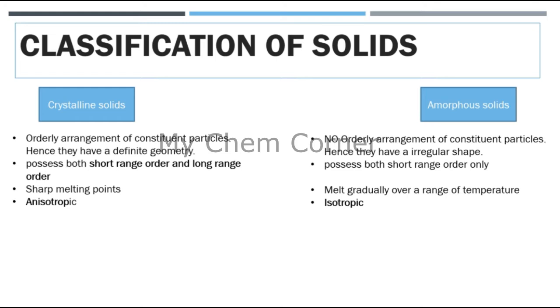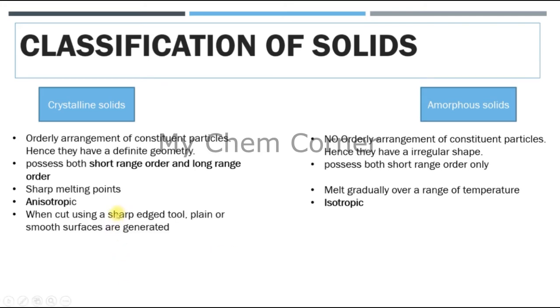Amorphous solids are isotropic, which means the physical quantity measured will give me an identical value no matter in what direction I measure it. So crystalline solids are anisotropic, meaning they give different values in different directions, and amorphous solids are isotropic, meaning they give the same value in all directions. All these are based only on how the particles are arranged in that particular solid.